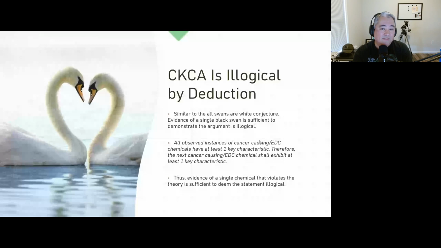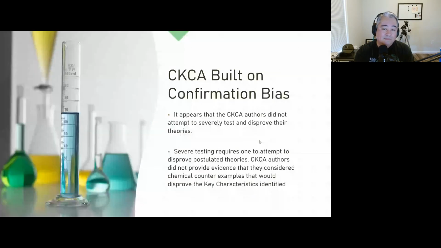And because we can find cases that demonstrate that that is false, then it's not really safe to use those key characteristics, is it? Because one single chemical violates the theory, that is sufficient to make it falsifiable.